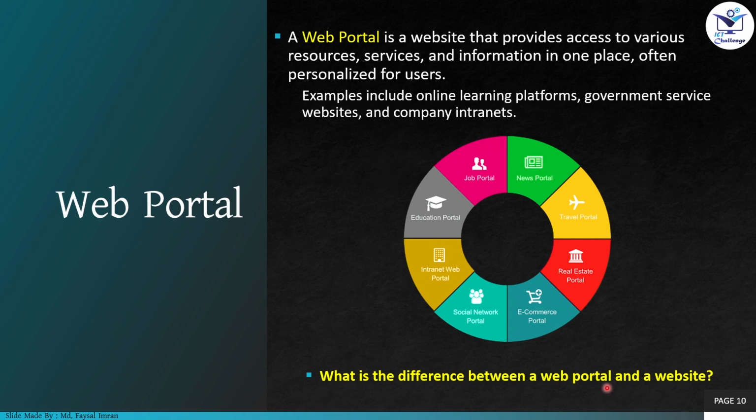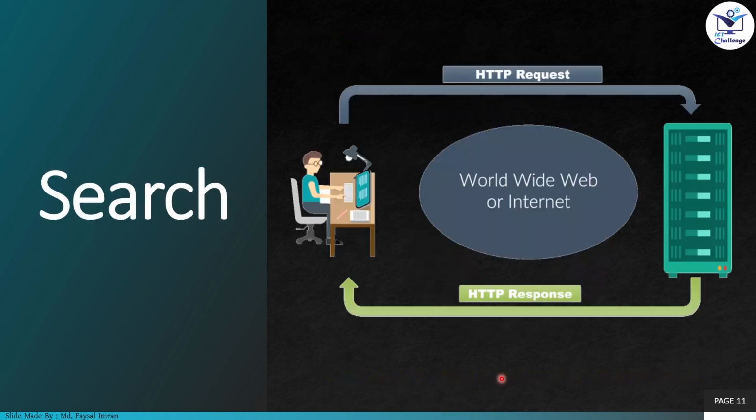Maybe you understand, because a web portal is a collection of web pages where we can have many kinds of data in one place, and a website is a collection of web pages that just indicates the services and products of its own, whereas a web portal provides all the information and links from the different websites in one place. So this is the difference between a web portal and a website.